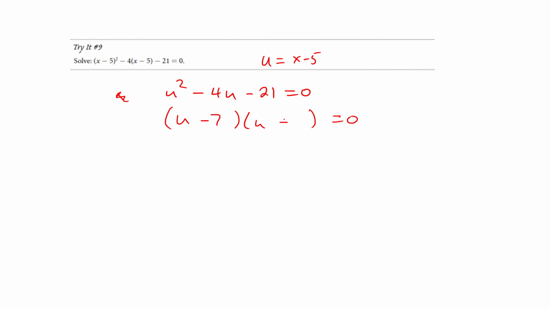Well, here we go. Solving this, we get u is 7, and u is negative 3. But we don't want them to be u, we want them to be about x, so we undo our substitution. So x is going to be 12, and x is going to be 2.